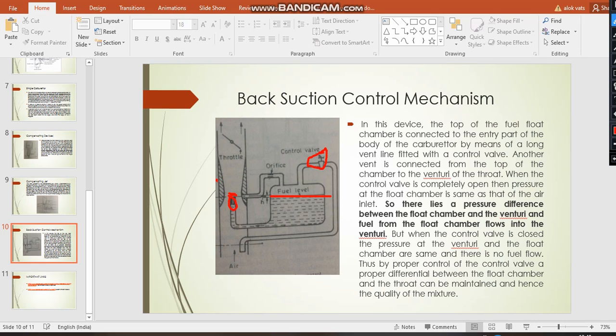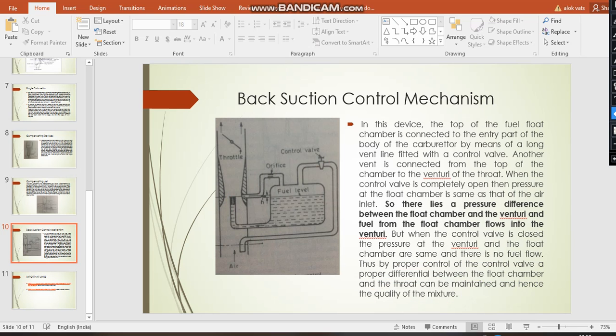However, by properly adjusting the control valve, a proper pressure differential can exist between the float chamber and the throat, and hence the quality of the mixture can be very well adjusted. By quality we mean the percentage of the gasoline or petrol, fuel and air.